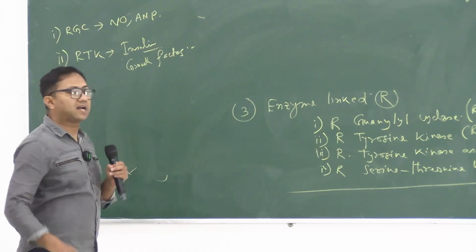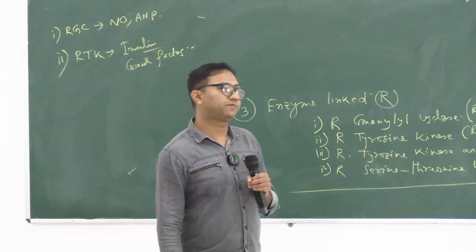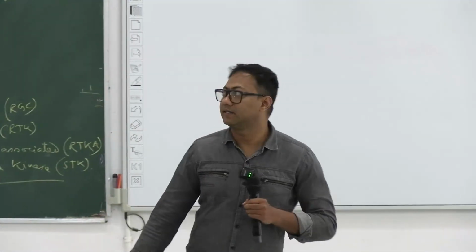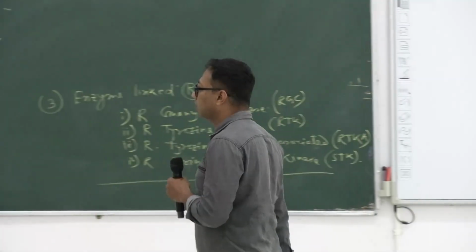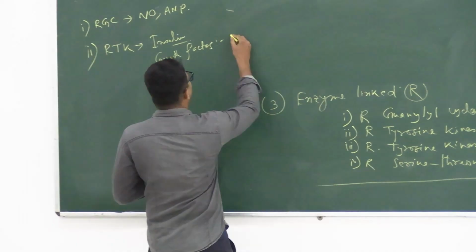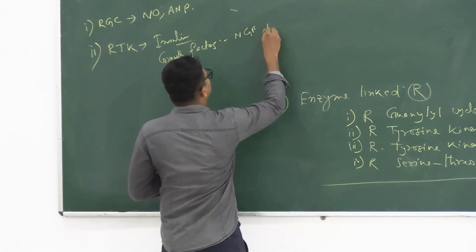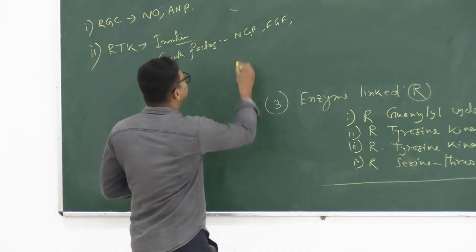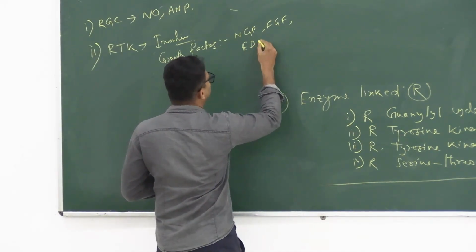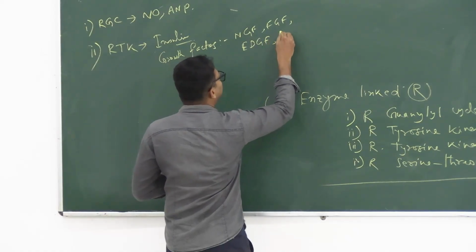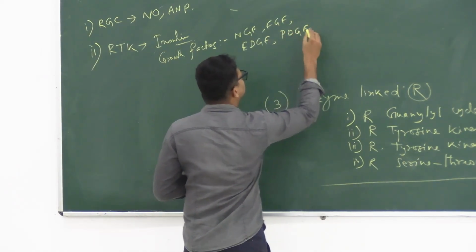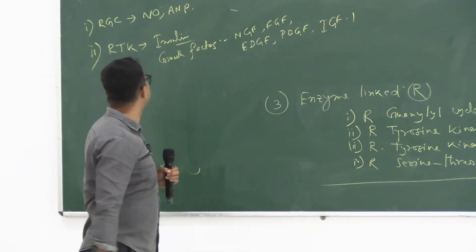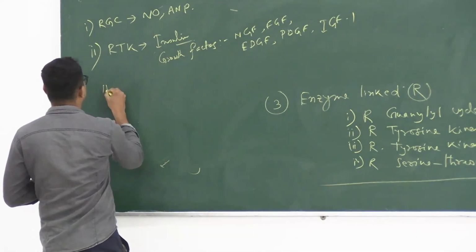Nerve growth factor, fibroblast growth factor, endothelial derived growth factor, platelet derived growth factor, insulin like growth factor 1, IGF-1. All these belong to RTK.